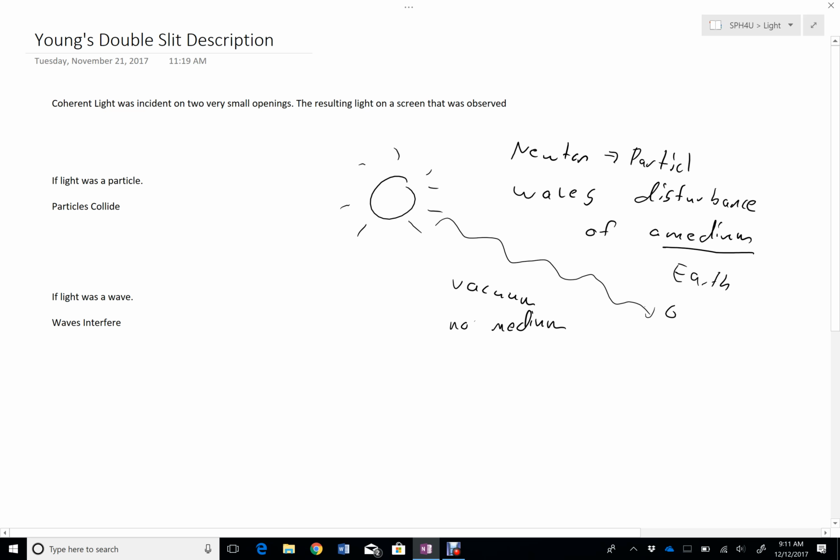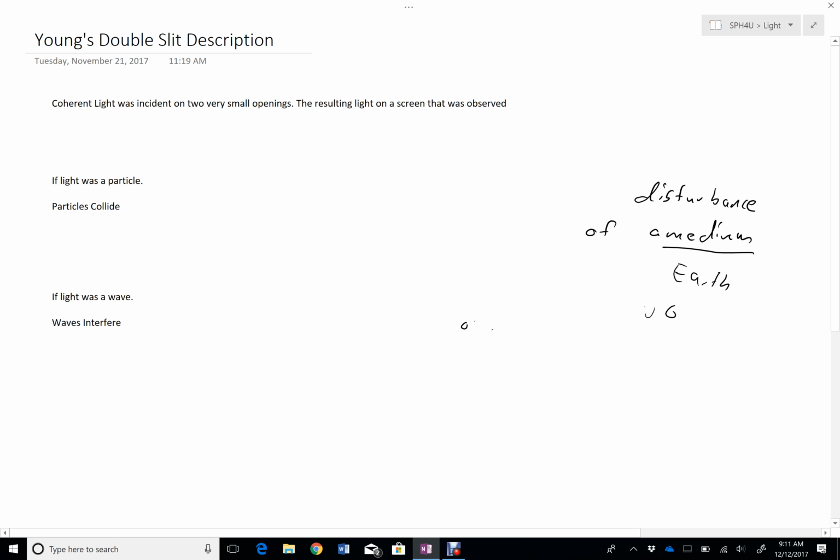Not just Newton but a bunch of other scientists, though obviously he's the big name that we'll recognize from other things. But there was another side to this argument, and that side was people like Huygens. I'm going to misspell this guy's name. Anyways, I'm not sure how to spell this name.